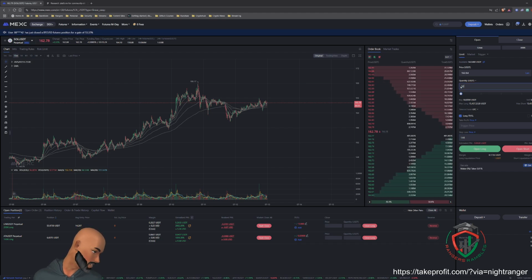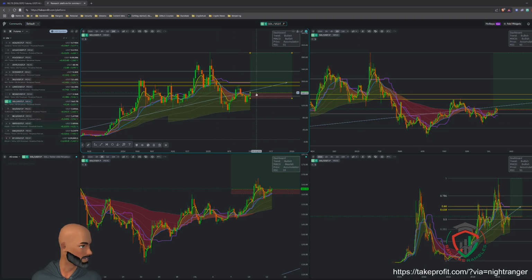I don't have a great deal of money, so there's no point doing large positions. Minimum order is $16, so if I put 20 in, it's a 5-cent margin. This is what puts me off futures trading. Honestly, this really does, because I would make far more on a spot trade doing this than I would from futures, because futures I'm only going to make 7.